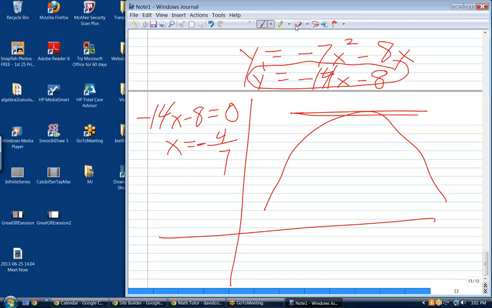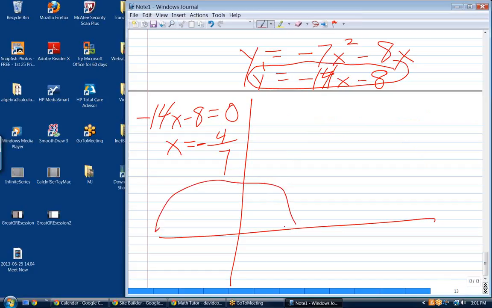Okay, I got it. So let me redraw that graph. It must have been over here. And this point right there is minus 4/7. Okay. And that's a huge application for calculus, because notice that the slope of the tangent line is 0 at the maximum.